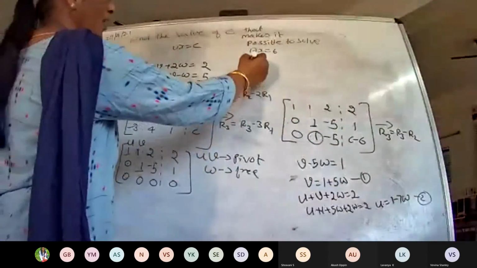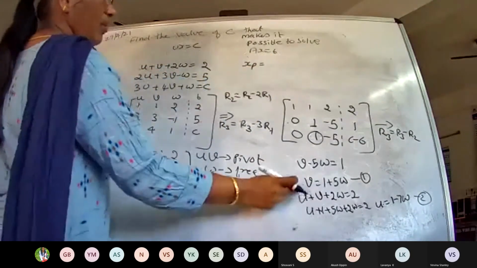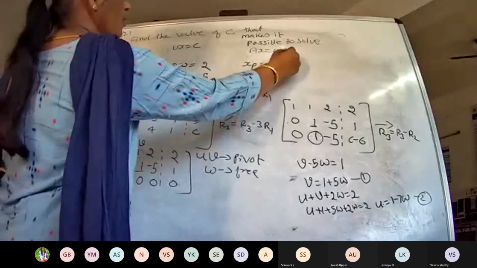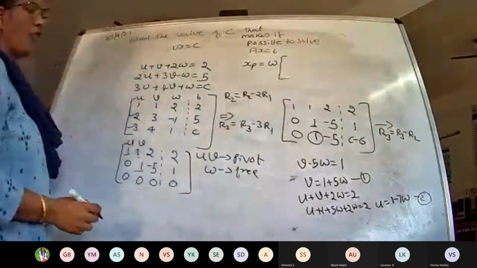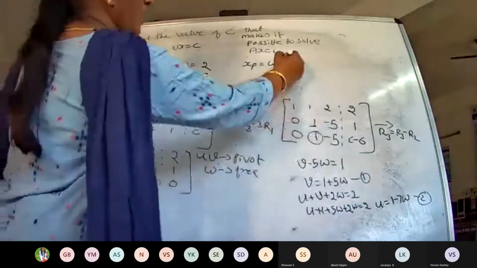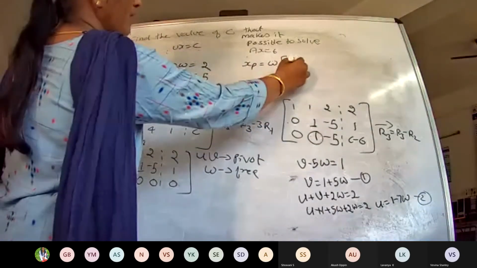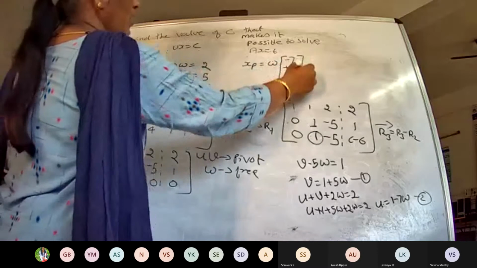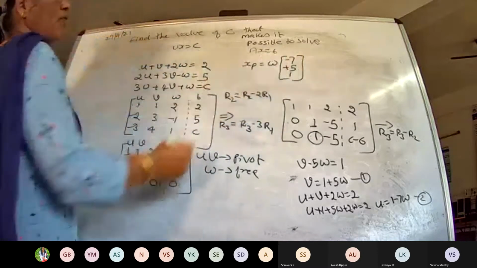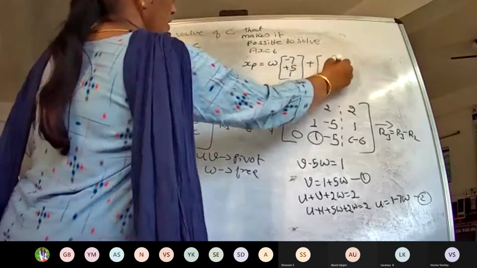Okay. So only one free variable. So the particular solution will be, that is free variable W. So write the coefficients of W in U, V, W. So in U, it is minus 7. In V, it is plus 5. In W, it will be 1. U, V, W. W itself, only one free variable. And what will be your null solution?